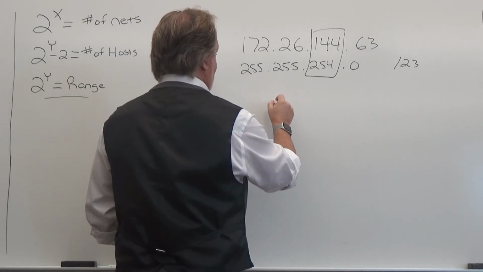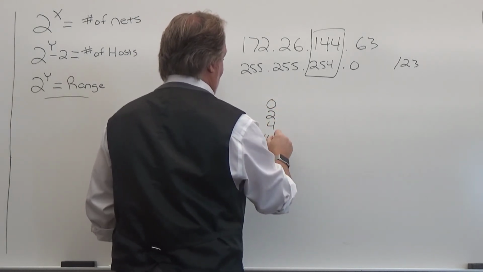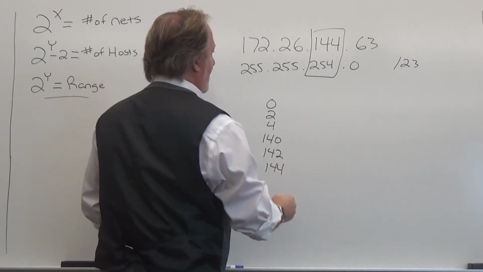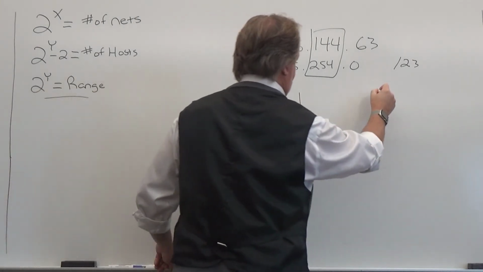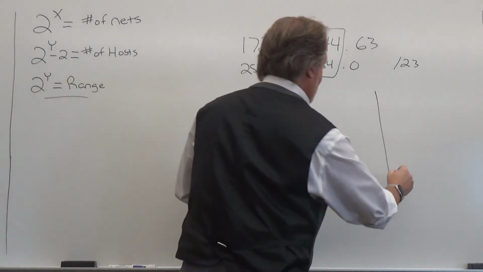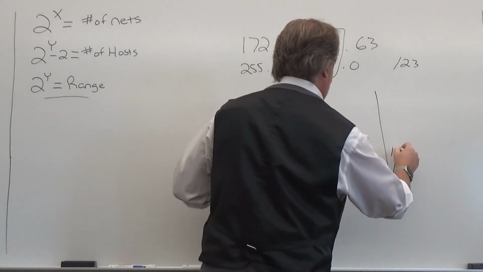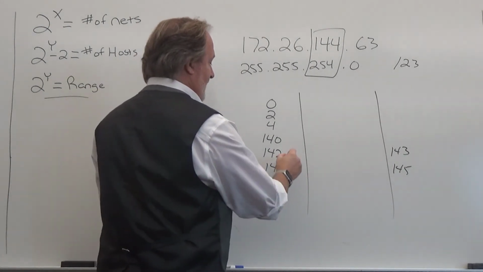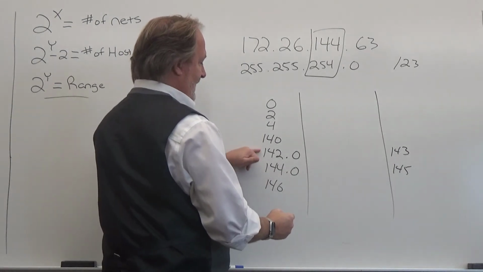So here the same thing. We start at 0, add the range, and eventually we get to 140, and then 142, 144, and then 146. Once we get to 146, we know this is going to be 145, and this is going to be 143. So remember, in Class B, we start out at 0 on the 4th octet. So that's going to be the subnet ID.